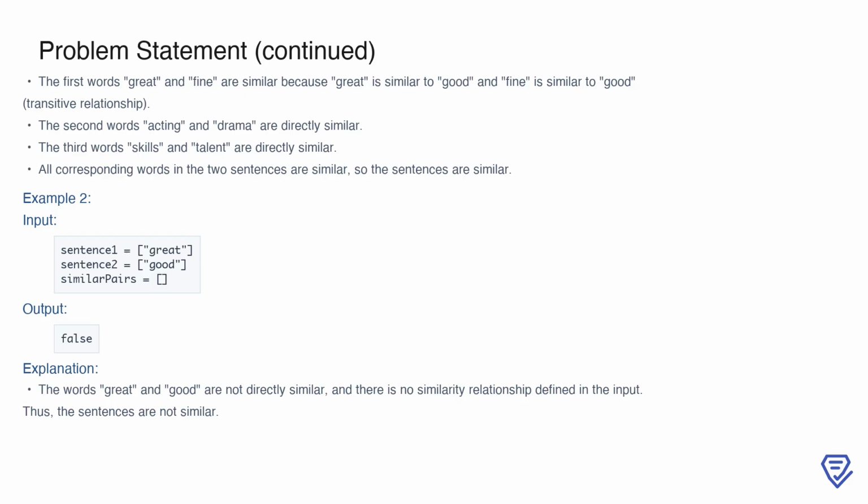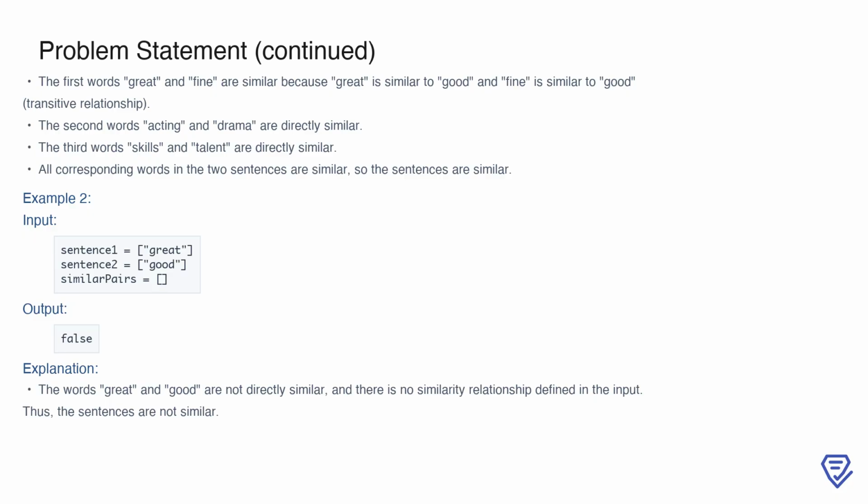In this example, the first words, great and fine, are similar because great is similar to good and fine is also similar to good, forming a transitive relationship. The second words, acting and drama, are directly similar as listed in similar pairs. Similarly, the third words, skills and talent, are directly similar. Since all corresponding words in the two sentences are similar, the output is true.